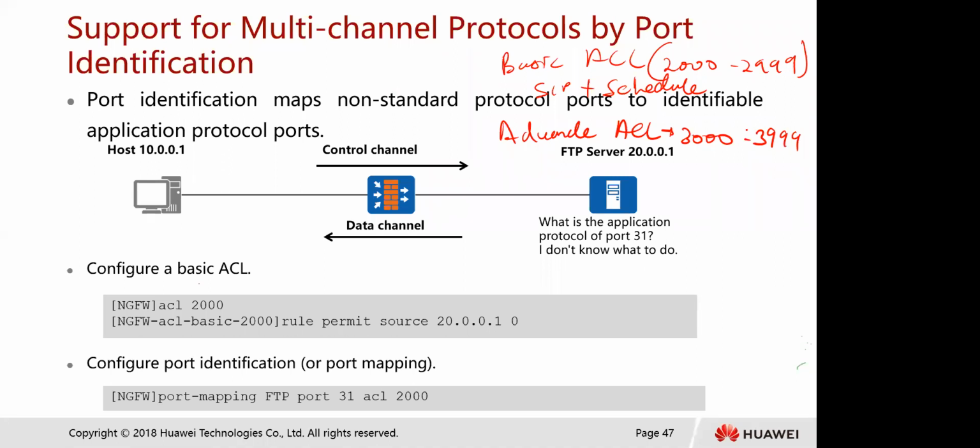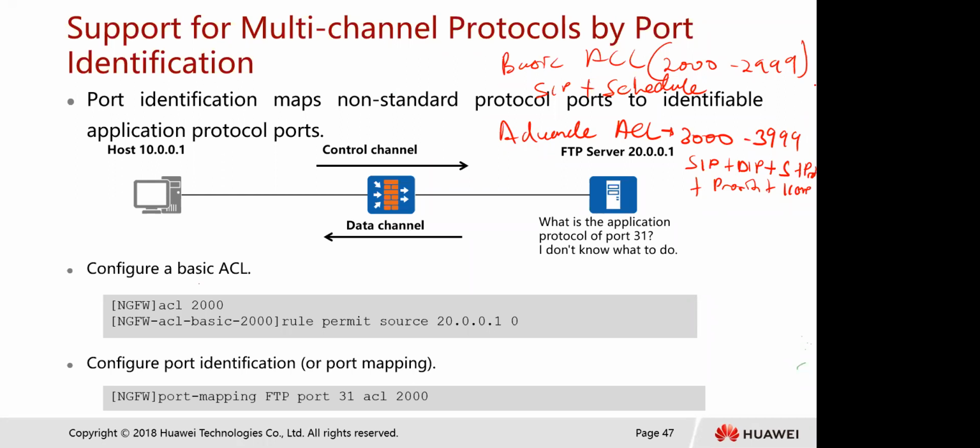With this one, traffic is matched by source IP, the destination IP address, the schedule, the protocol type, the priority, the ICMP protocol packet type, and also the ICMP packet code.